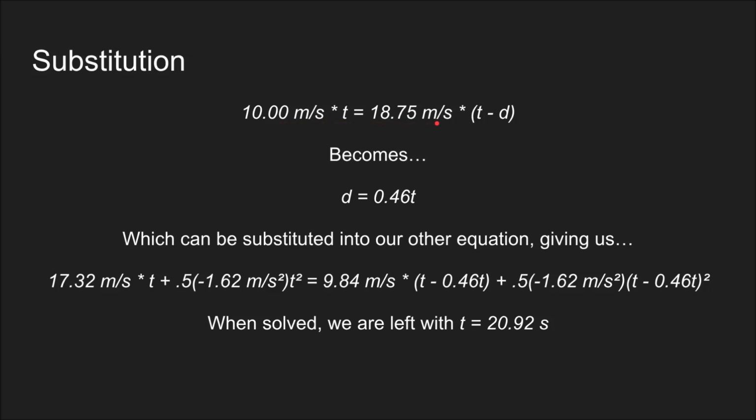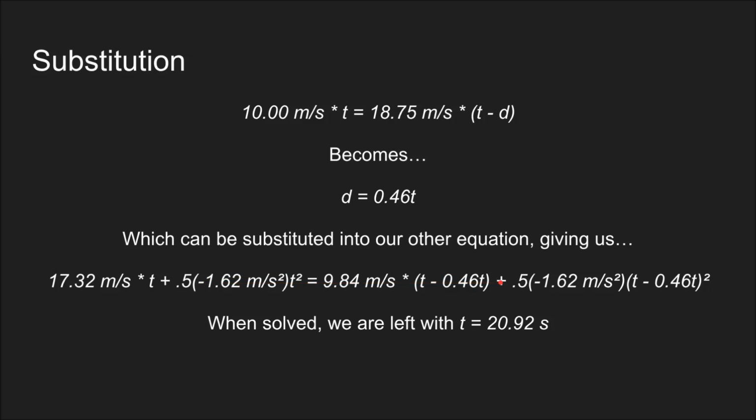So now we can arrange this equation to d is equal to 0.46t. You could technically arrange either equation to solve for a variable, but this one is just a lot easier to do. So after that, we can use substitution and substitute 0.46t for every d in our equation, which means that only this side will be affected since that is the only side with a d in it.